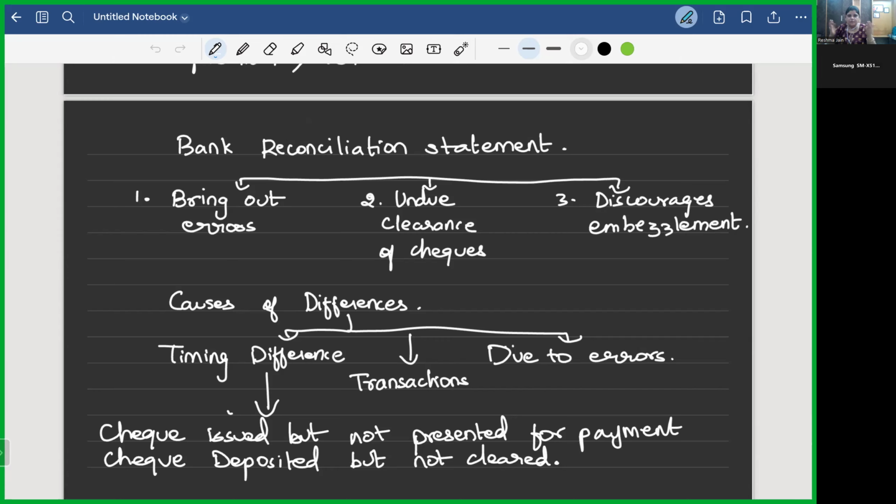In the same way, cheque deposited but not cleared. Suppose I have received a cheque and I am depositing it. I quickly go to my cash book and write it on the receipt side, the debit side.